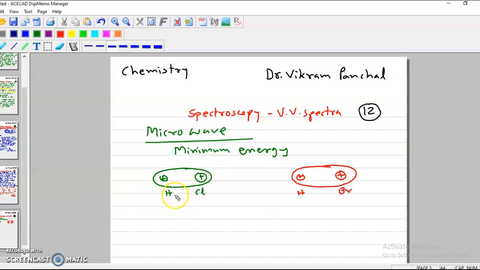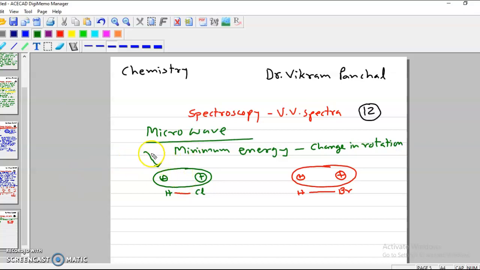Here in case of HCl, the bond length is different, the total mass of the molecule is different, therefore there will be different kinds of changes. But microwave basically produces a change in rotation. So rotations of a molecule will be changed due to absorption of microwave.